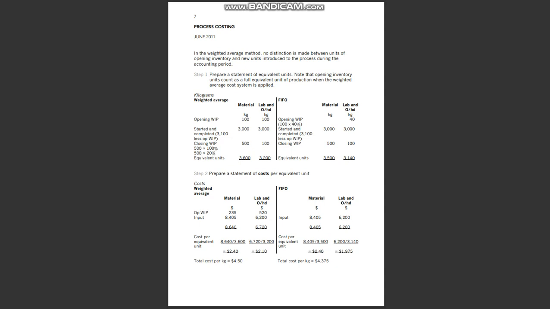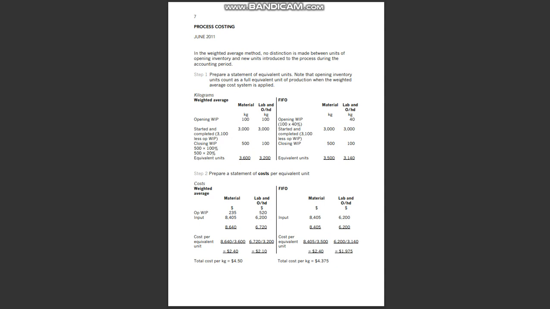The examiner mentioned that the closing work in process of material is 100% complete, and the labor overhead is 20%. Therefore, we multiply the amount by the percentages given in the question. Then we equate both sides and make the equivalent units.